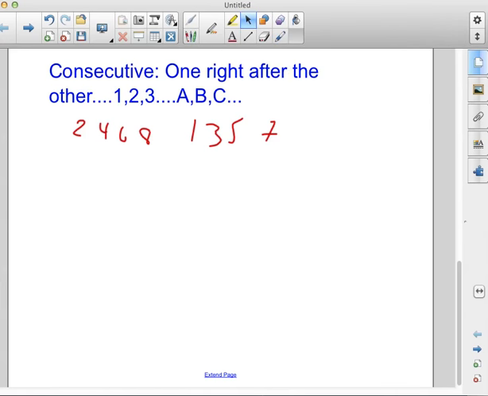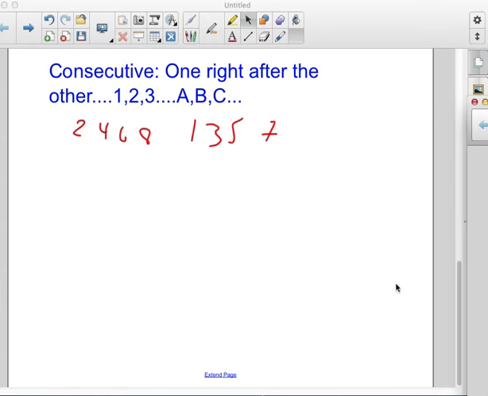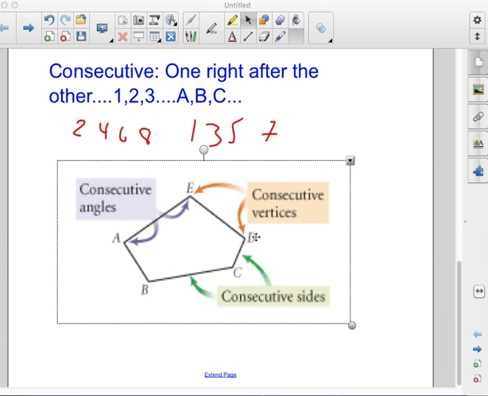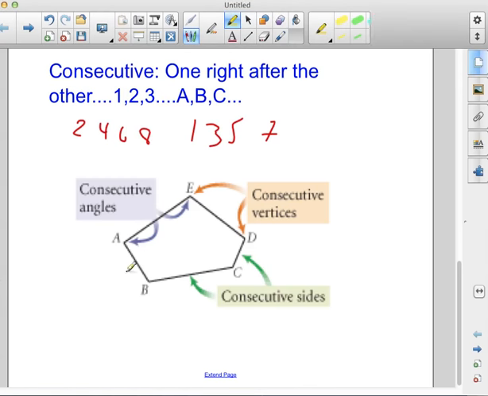Okay? Now, why do we need to know what consecutive means? Well, because in a polygon, we have some consecutive parts. If we look here at this polygon, how many sides does this polygon have? It has 1, 2, 3, 4, and 5. This polygon has 5 sides. Well, I have consecutive angles. Consecutive angles are angles that come one right after the other.